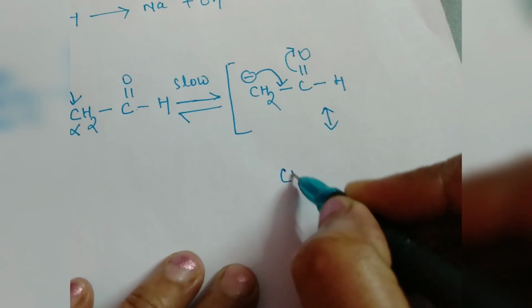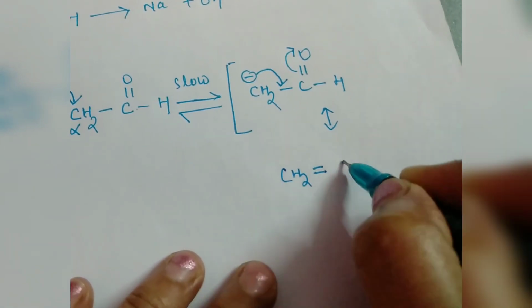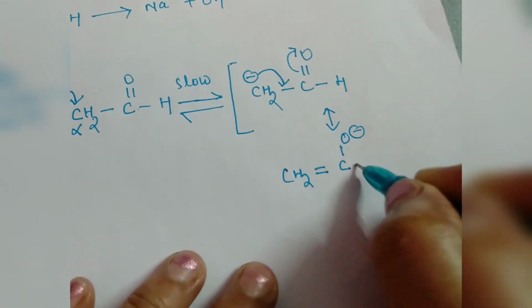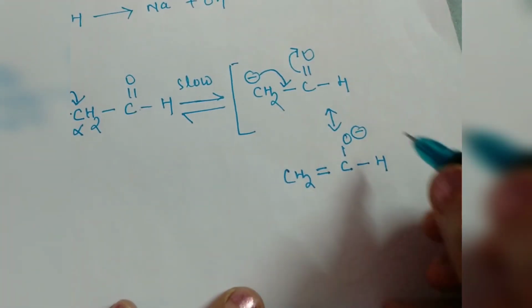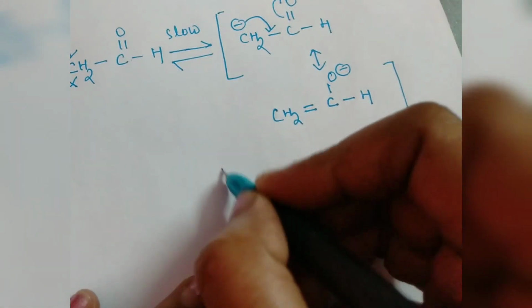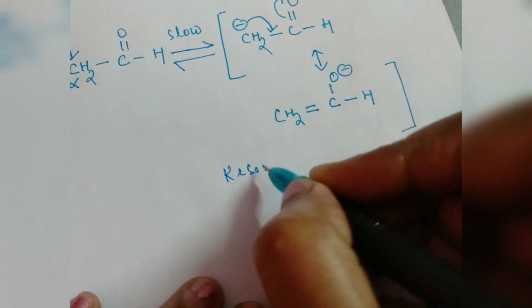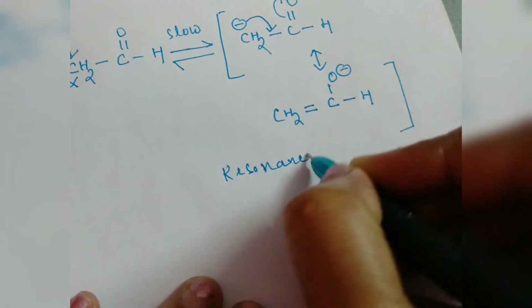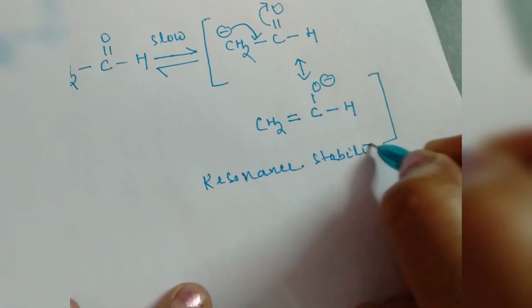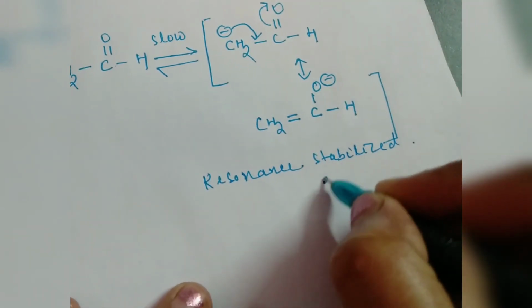So it becomes CH2 double bond CH single bond O minus. This is known as a resonance stabilized enolate ion.